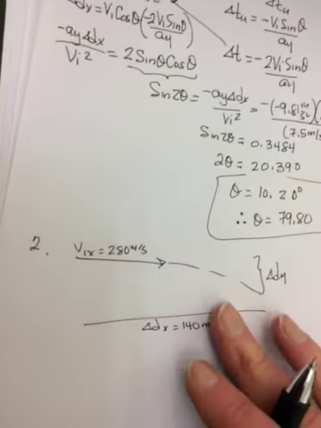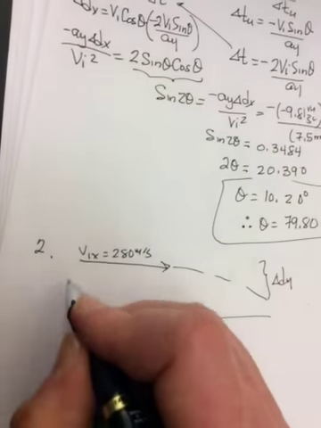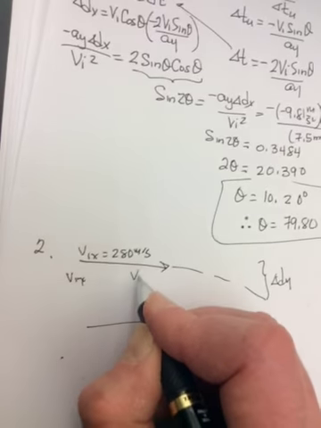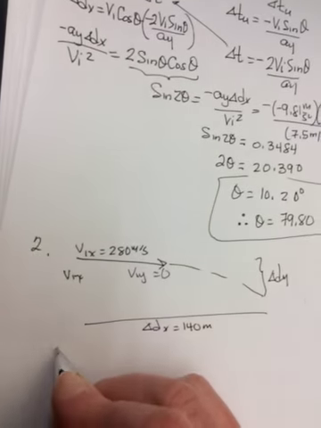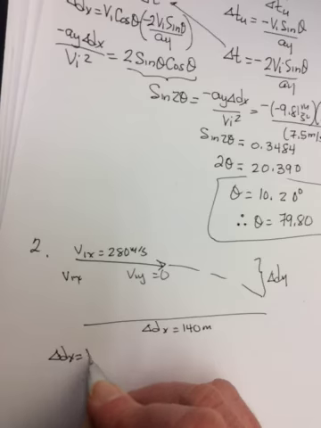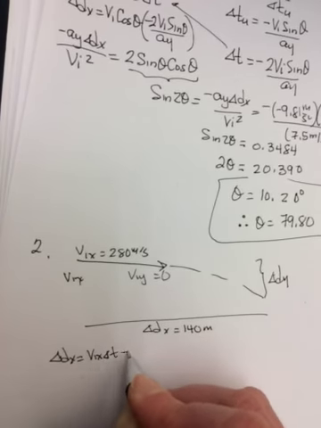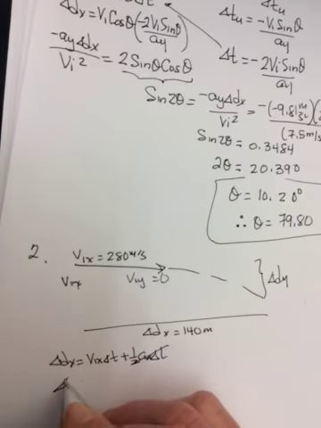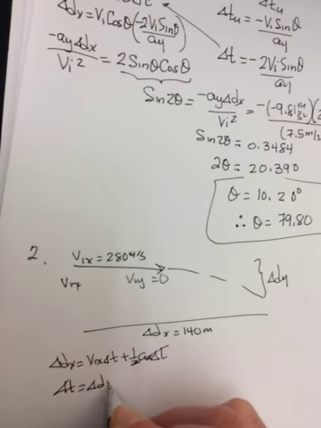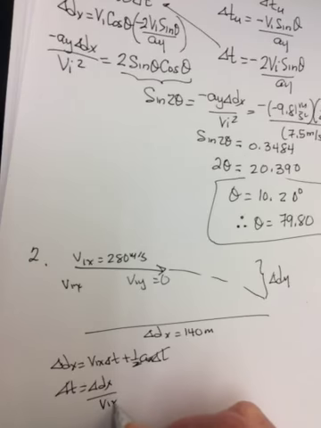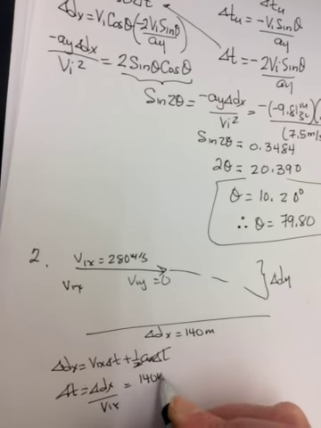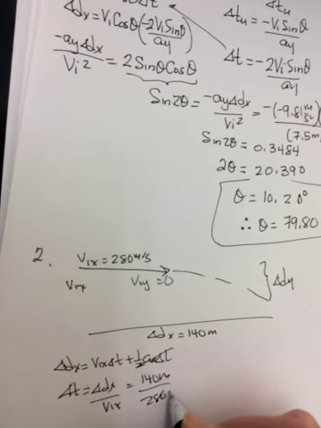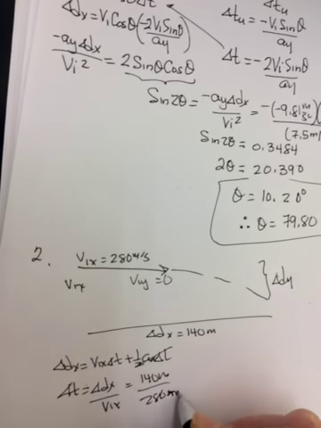Delta dy. So it's a horizontal projectile where the VIY is 0. So in the x direction, delta dx is equal to VIX delta t plus the stuff that goes to 0. You can find your time, delta dx over VIX, so 140 meters over 280, and you get a half a second.